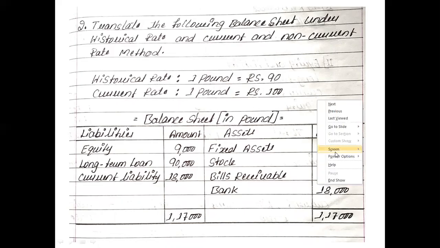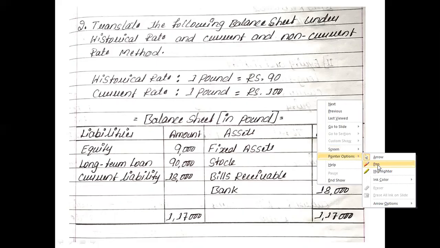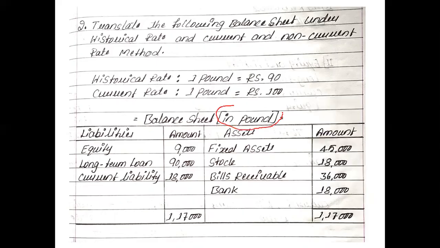Look at here. They have given the balance sheet in pound. That means these values are in pound, not in rupees. We have to convert this balance sheet from pound to rupees. Then what to do? We have to multiply these values by the historical rate 90 and the current rate 100.